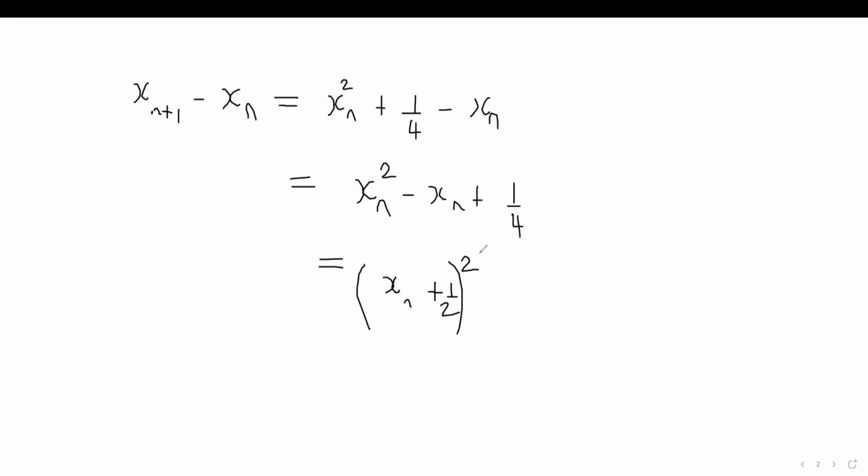Because look at it. If you were to expand out the square, you notice that you get the first term squared, which is x_n squared, plus twice the product of the two, which is 2 times x_n times a half.